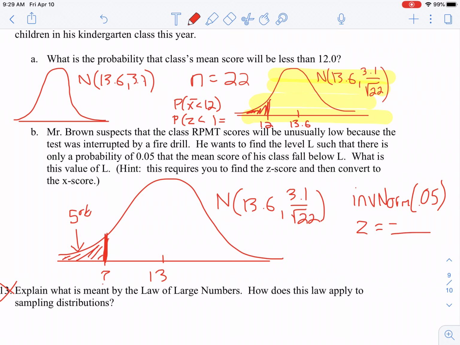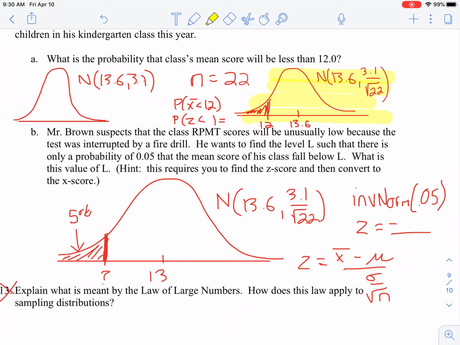Then we're going to use our z-score formula. So use this thing, and we know the z-score. We know the average, and we know this is our model with this average and standard deviation, and now we know the z-score, so we can find the actual statistic, the average.